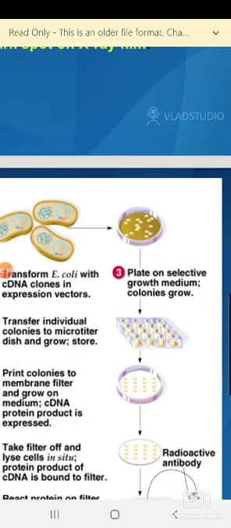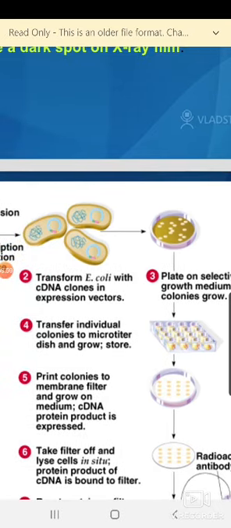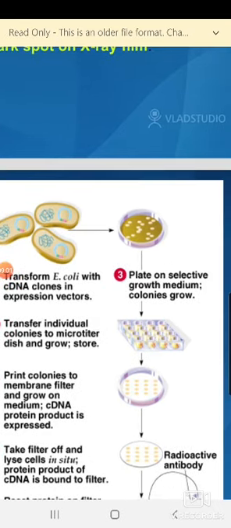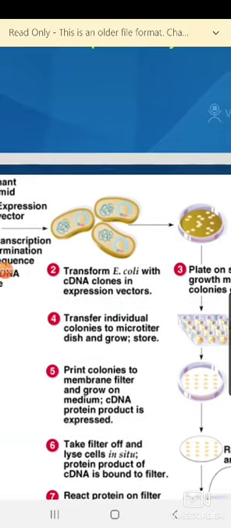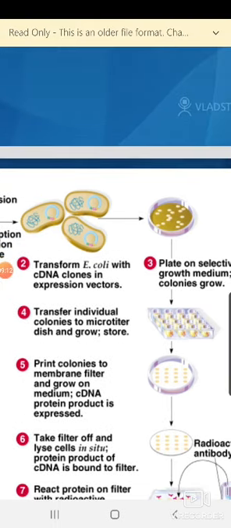Now, directly you could transfer to a nitrocellulose membrane, but they have done one extra step: plate on selective growth media, and colonies will grow here. They culture this, take each colony and use a microtiter dish. You know why? Because I want the gene to be expressed and the cells to be healthy and growing.